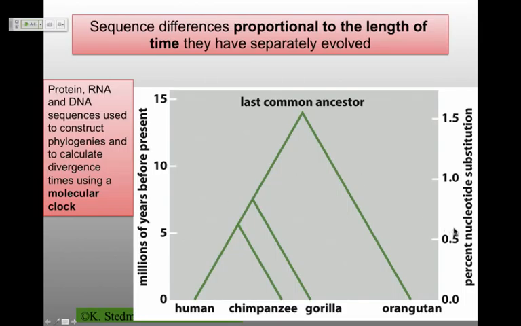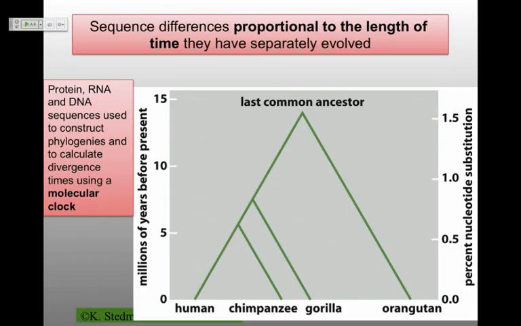But we can also look at just nucleotide substitution rates. About 0.5% nucleotide substitution is the difference between humans and chimpanzees, slightly more for humans and gorillas and orangutans, et cetera. So it turns out that sequence differences are pretty close to the fossil record in terms of how long these changes have been allowed to take place.